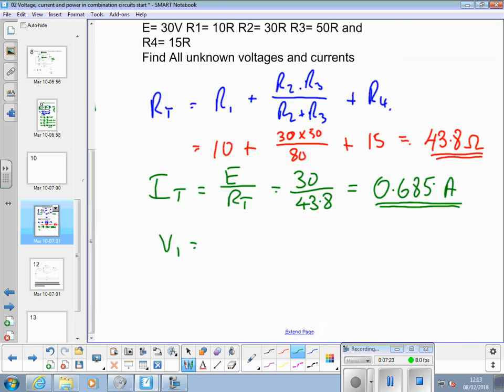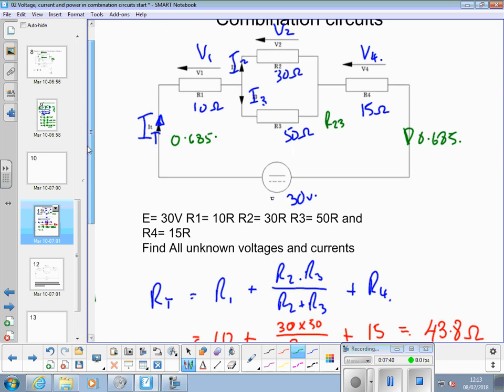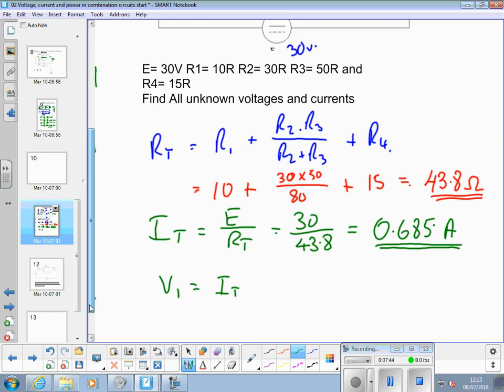We could find one. V1 is equal to, by Ohm's law, I times R. We're talking about IT through that resistor, the current flowing through it, times R1.